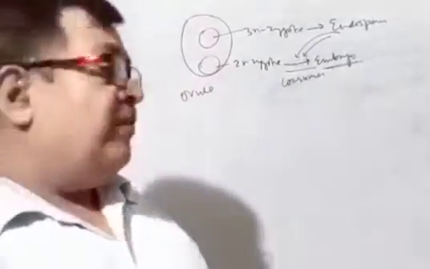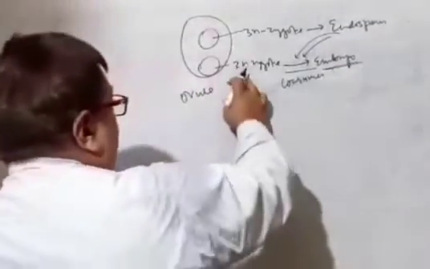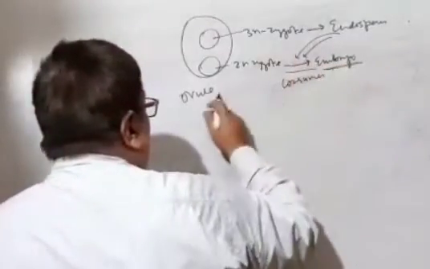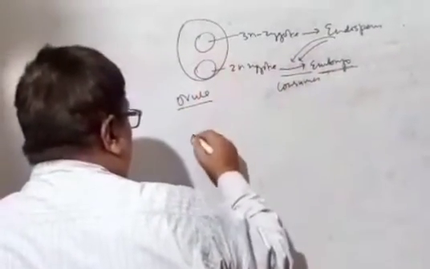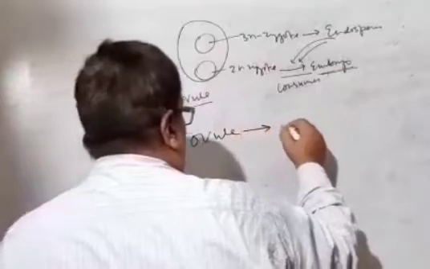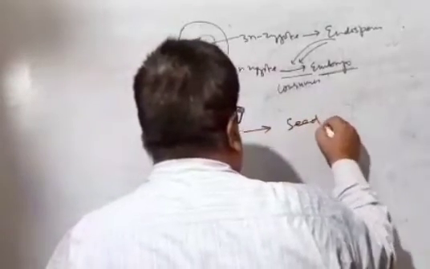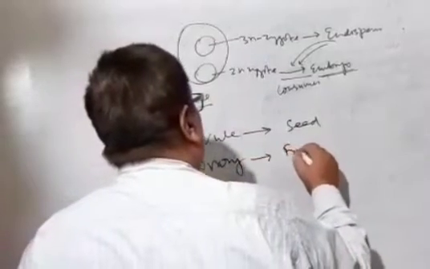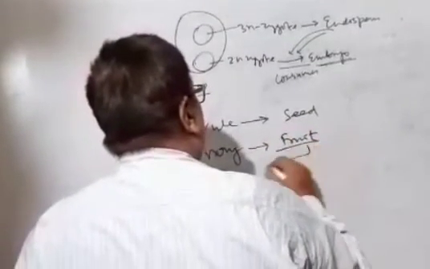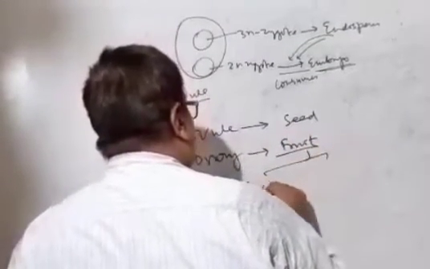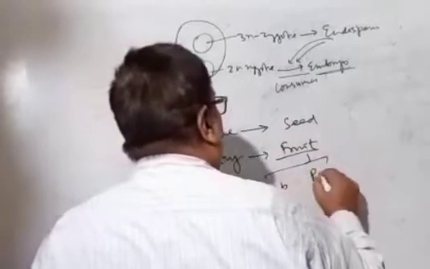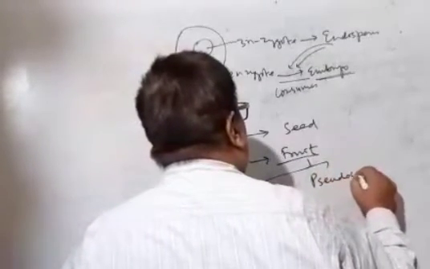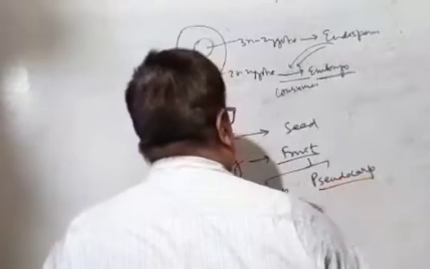Now it is the formation of the embryo. The ovule matures into seed and the whole ovary matures into fruit. The fruit may be eucarp, a true fruit, or pseudocarp, a false fruit.